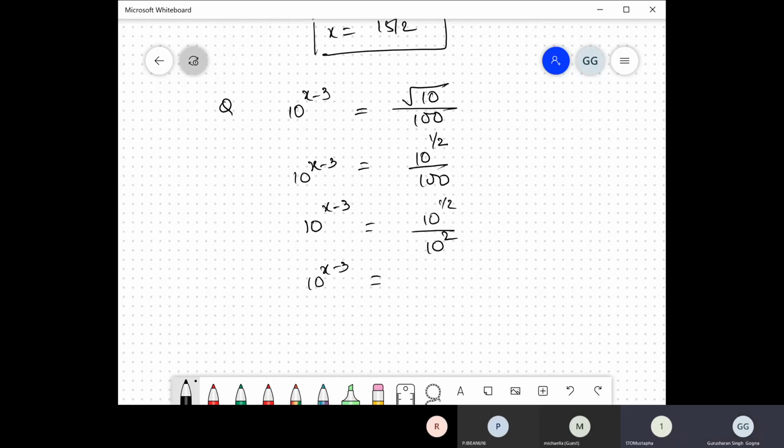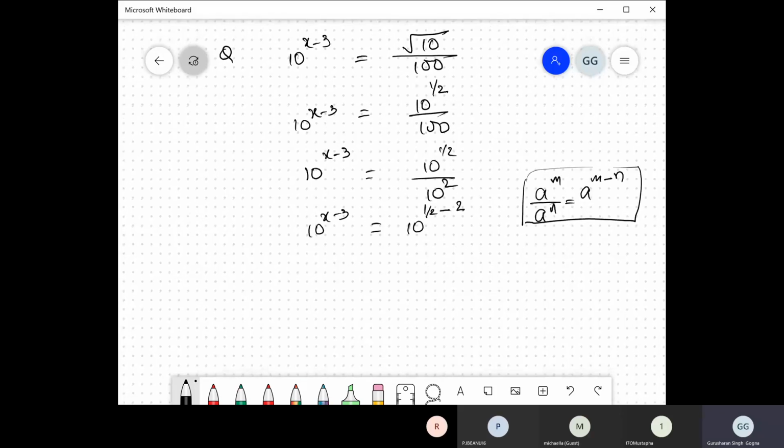Because this is a division, you need to subtract the power. So what is the law? A to the power m over a to the power n. It's a division law, so you need to subtract the power. But as I said, make sure you do top minus bottom power, not the other way around. Even if you're getting a negative answer, doesn't matter. You have to do top power minus bottom power, which is half minus 2.